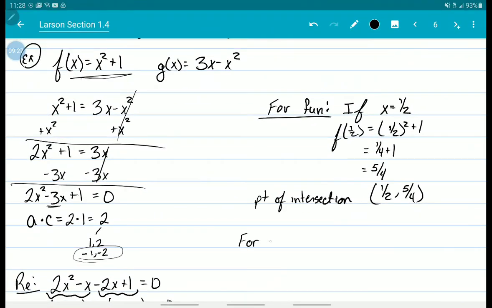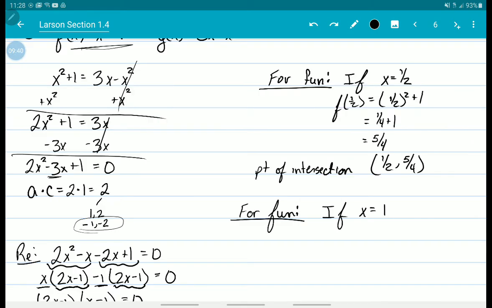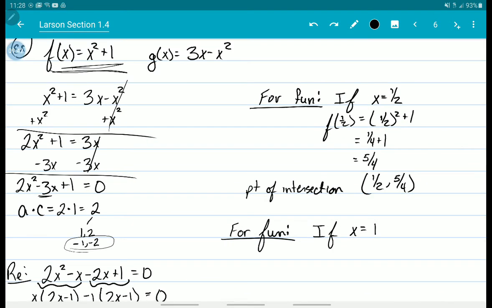And we'll do the other one for fun as well. We had 1, I believe. Yeah, 1 came out here. So if we plug 1 back into our function, I'm still going to use that, but it does not matter which one. We have 1 squared plus 1, and that's equal to 2.